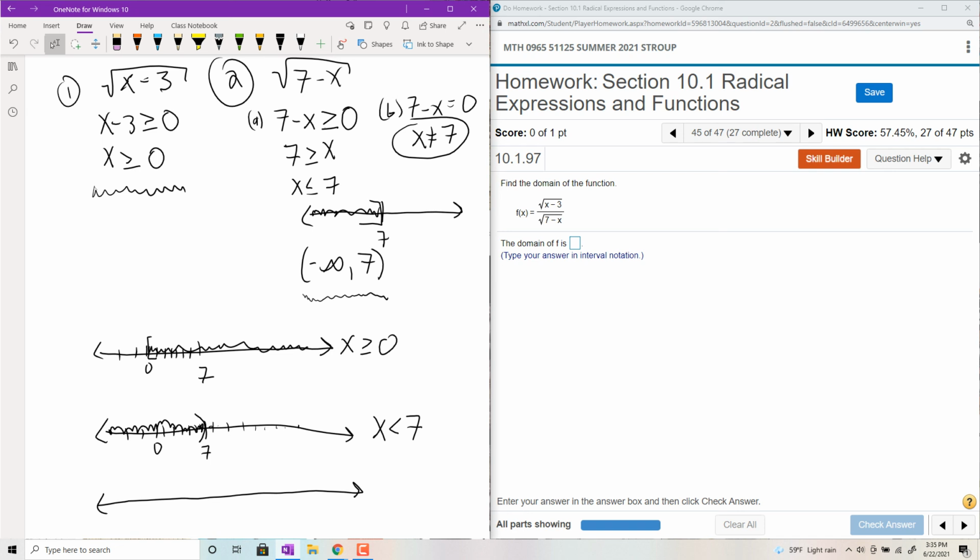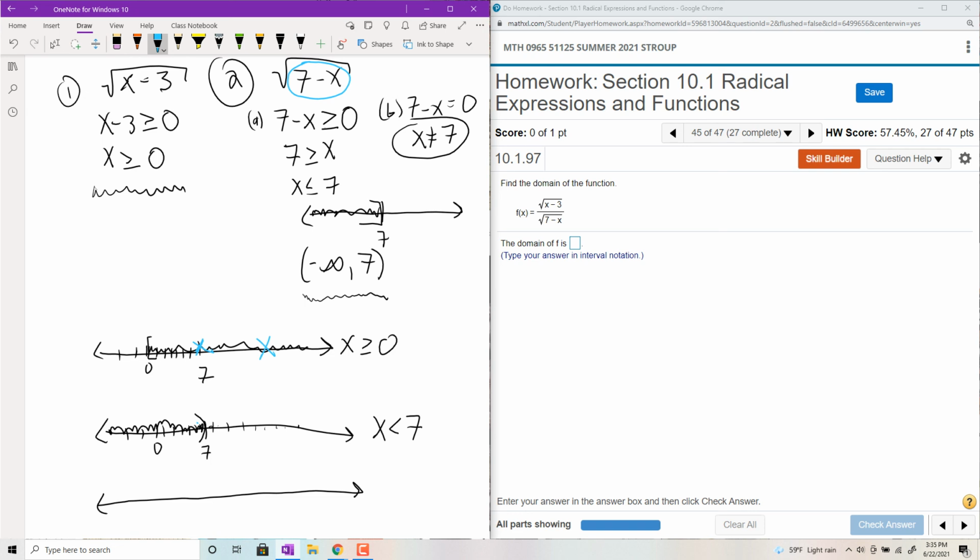Basically you can't pick anything out here, because a number like 10 is not going to work in this expression. For similar reasons, we also can't use the number 7, because if you put 7 in there, the denominator will end up equaling 0.